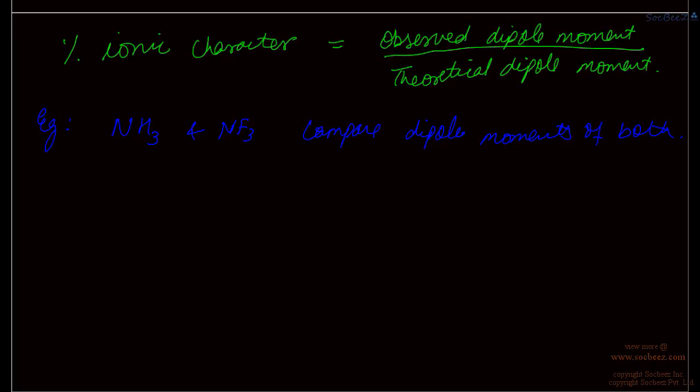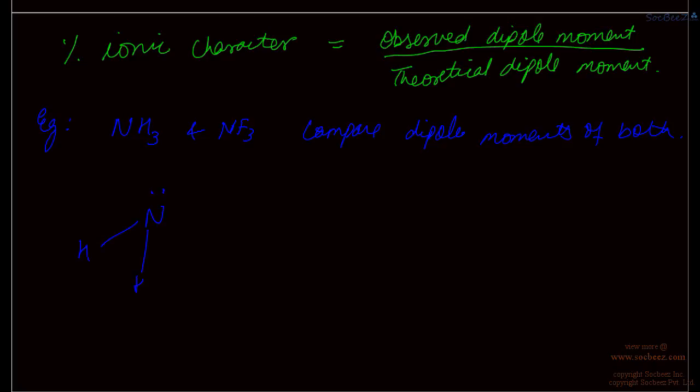By looking at these two structures, NH3 and NF3, before looking at the structures, you will say that the dipole moment of NF3 must be greater than that of NH3. Okay, but let's see what the reason can be.